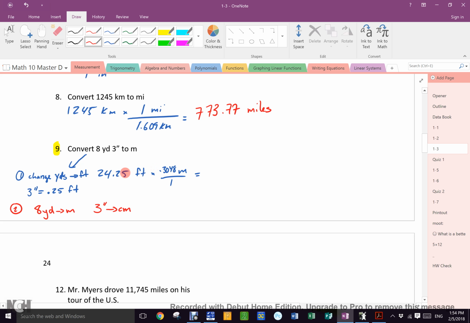And then I changed feet to meters. Your other option was to change yards to meters, and then inches to centimeters, and then add the 2. Whichever way you did it, will you get the same answer? Yes. What was that answer?